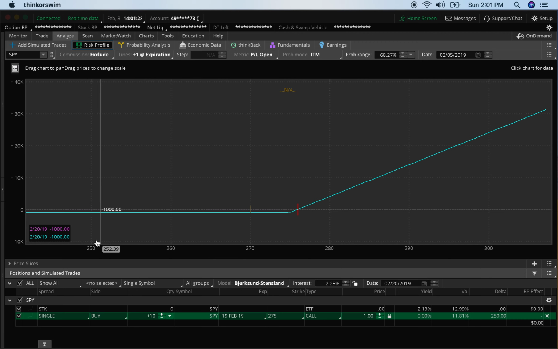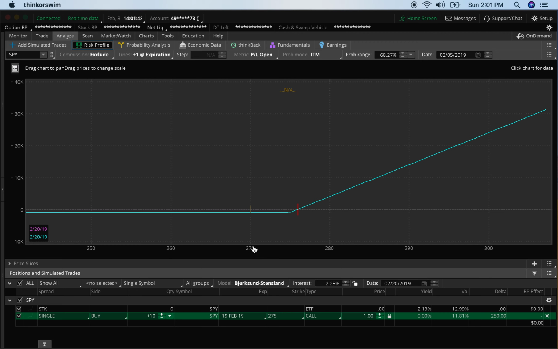Okay, so that's what this date is. This blue line represents the profit loss on expiration. Okay, so if the stock is at the current price, which is around 270, that's what this gold little nick is. See it on the chart right here at 270.